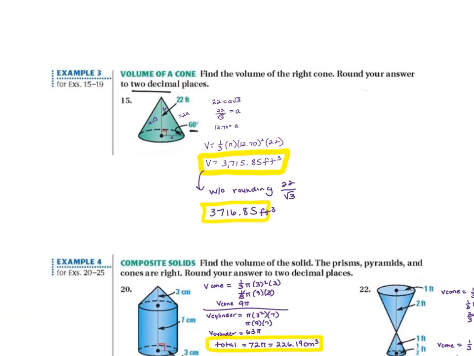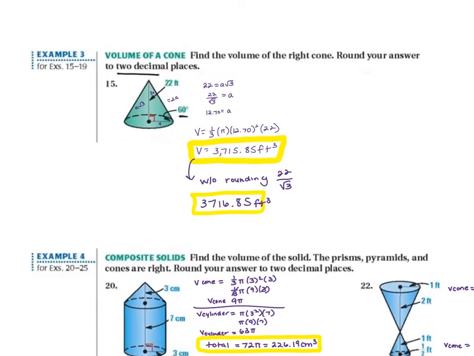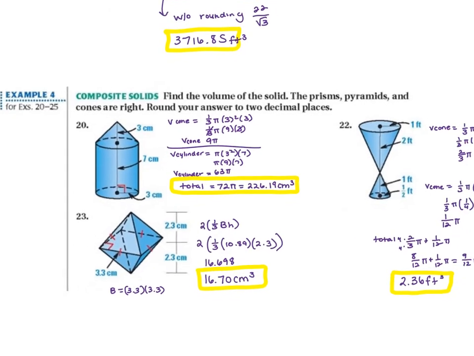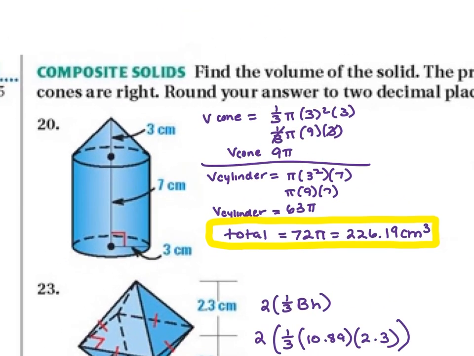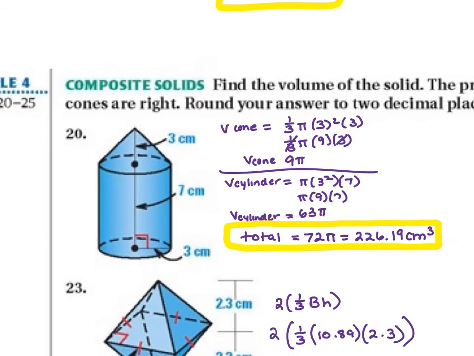And then number 20. Let me just zoom in here. So this is like a complex figure. You had to find the volume of the cylinder and the volume of the cone.